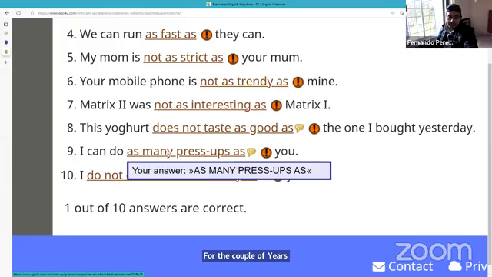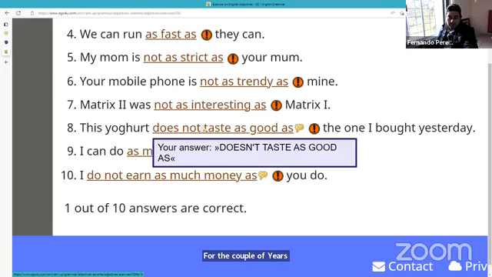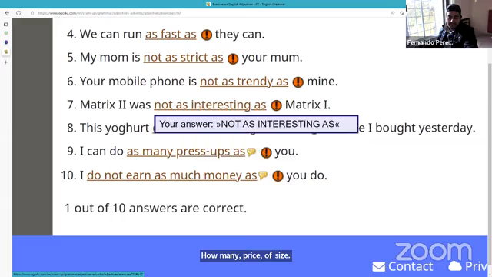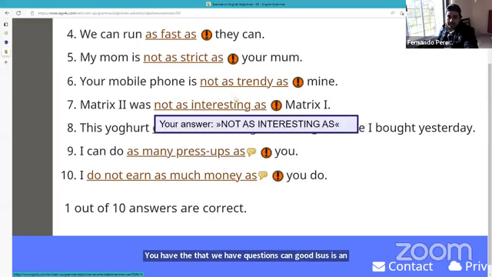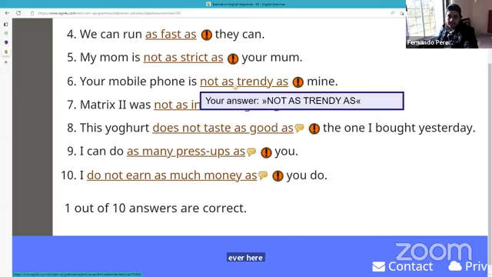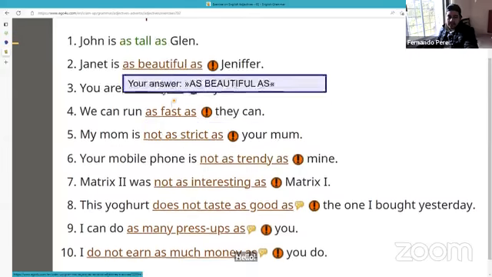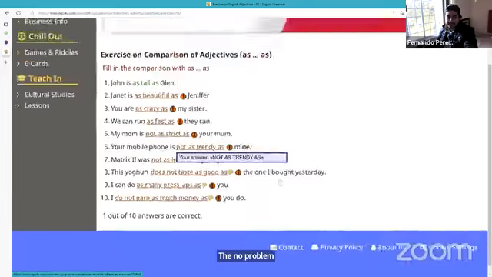As many press-ups as. Does not taste as. My answer was that, yeah. Everything is perfect. And look, the one that we had questions about, Kani: good is used as an adverb here. So, no problem. Not as trendy as, not as fast as, etc.